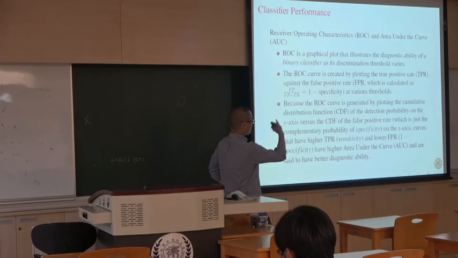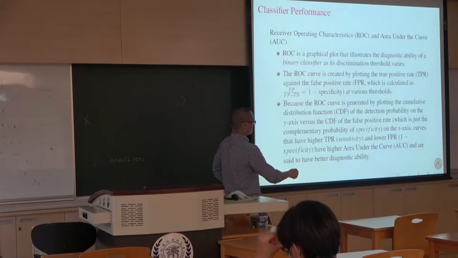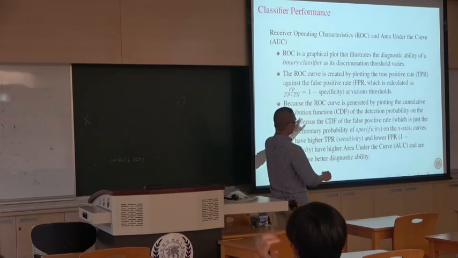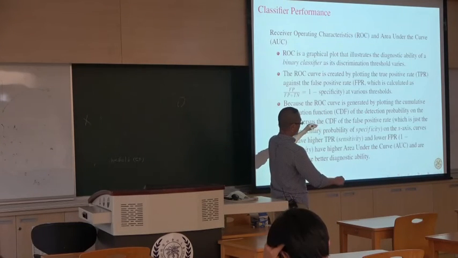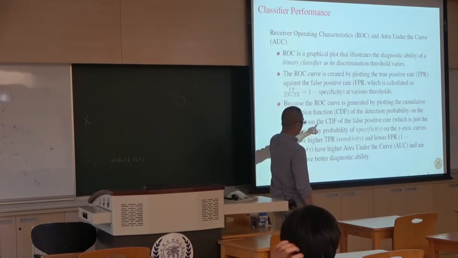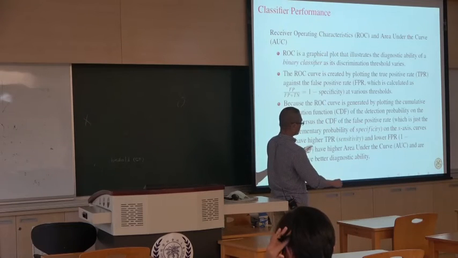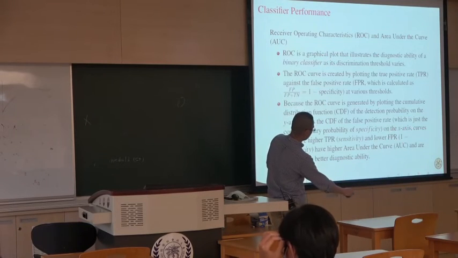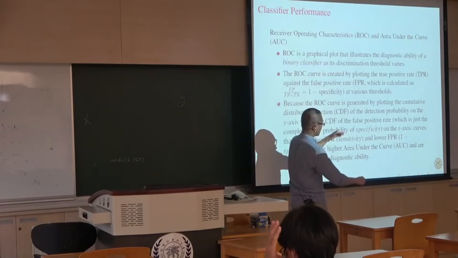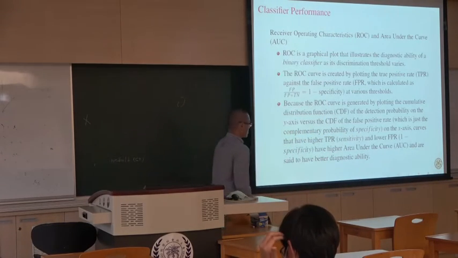If you plot the ROC curve, it is generated by plotting the cumulative distribution function of detection probability, the ability of your model, on the vertical axis, versus the cumulative distribution function of the false positive rate, given by one minus the specificity, on the horizontal x-axis.